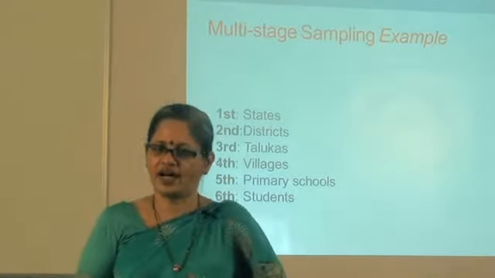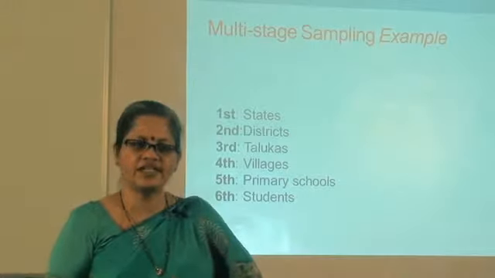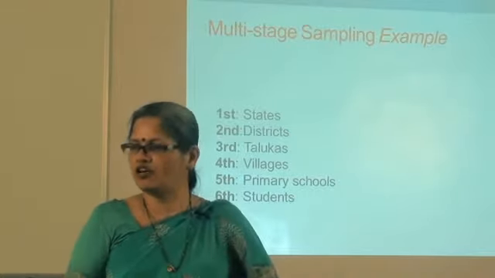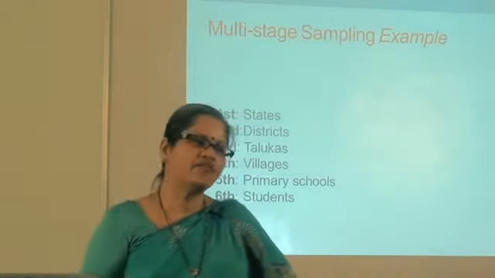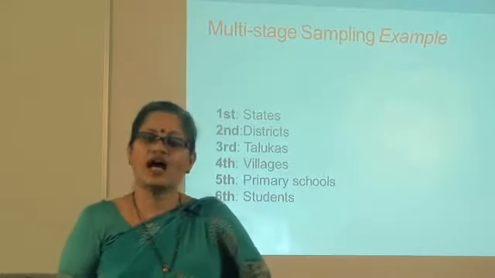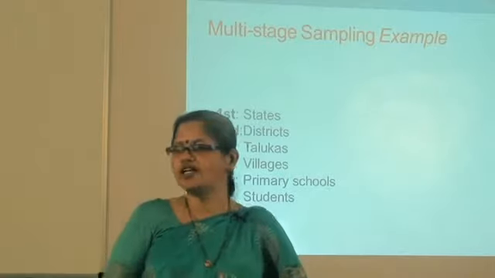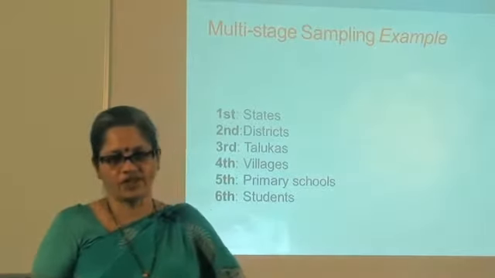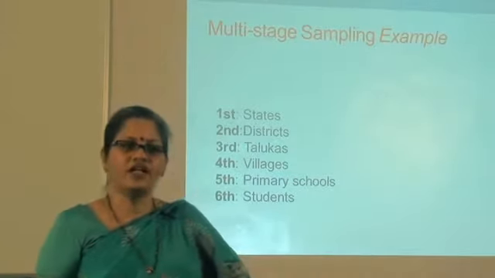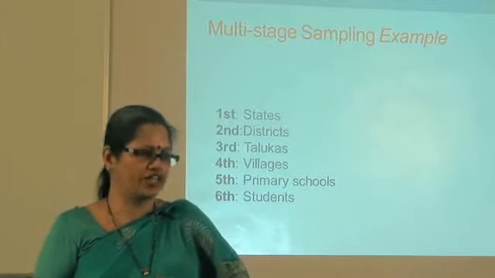You are all aware that the right to education has been recently introduced by the Government of India, and that it is applicable for all the states. So I have been given the responsibility to study the attitude of people towards the right to education. So my population will be the whole of India.